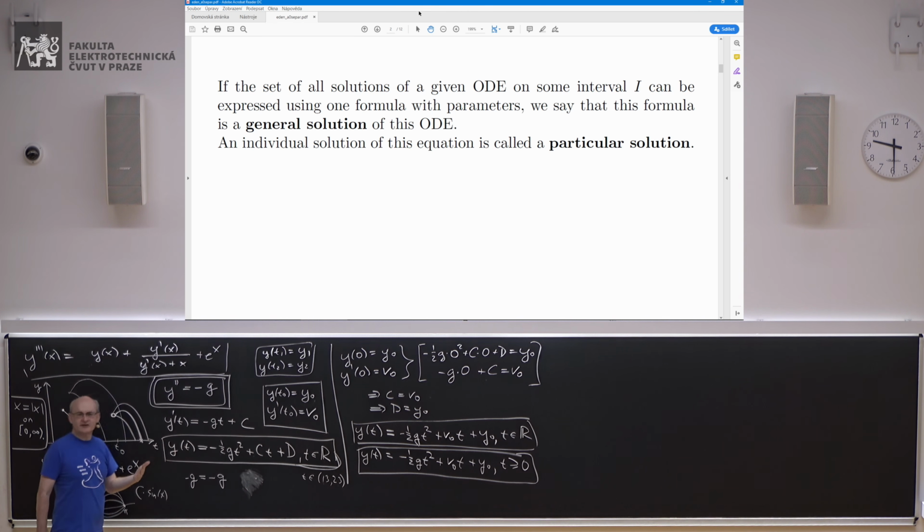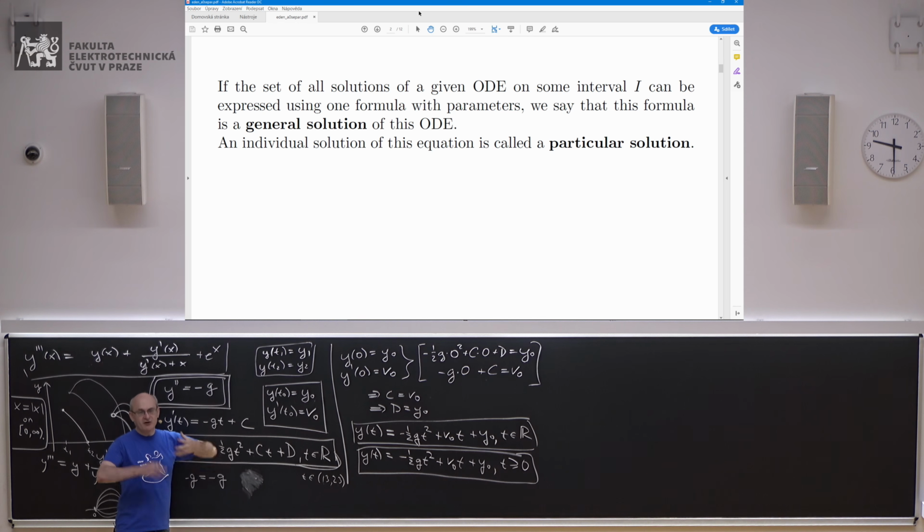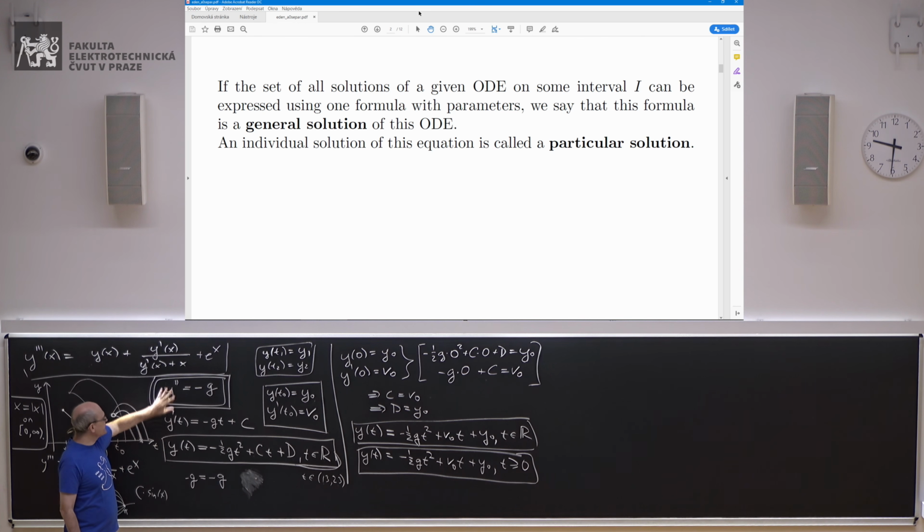This is the holy grail of differential equations. You get an equation, and from that you extract a formula which captures all the possible behaviors. And this is called a general solution. Very nice, we always try to go for a general solution. And when we find it, we say that we solved this equation analytically. Analytically means we get a formula for the solution.